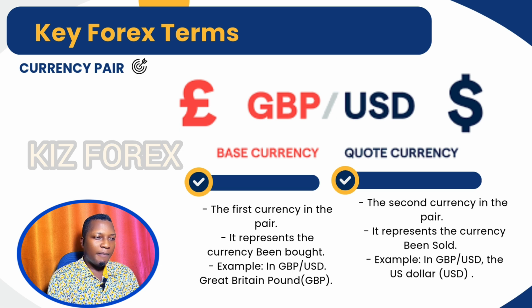So whatever you do, you are buying this GBP, and the USD is the currency that you are selling. So this is the true difference between the two currencies being quoted. These two currencies right here are what we call a currency quote. So you see something like this is a currency quote. That is how the market actually works.